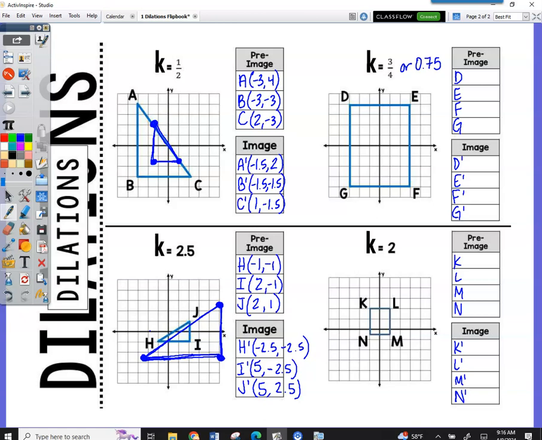Let's get the coordinates for D, E, F, and G. Then go through and multiply by 0.75.